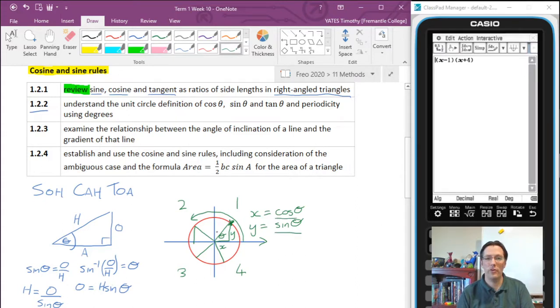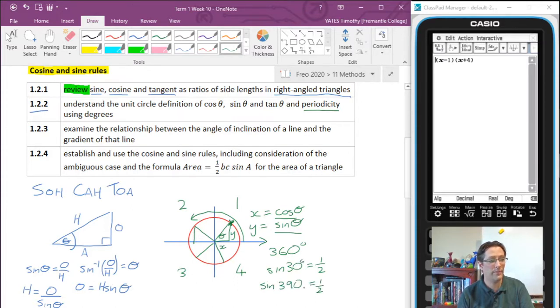Now, we're going to go into this in more detail at the start of term 2, because there's some relevant information, and hopefully it'll become a bit more obvious as we go. So, periodicity basically means that every 360 degrees we repeat ourselves. So if sine 30 degrees is equal to a half, which we should all know, sine of 390 is also equal to a half.